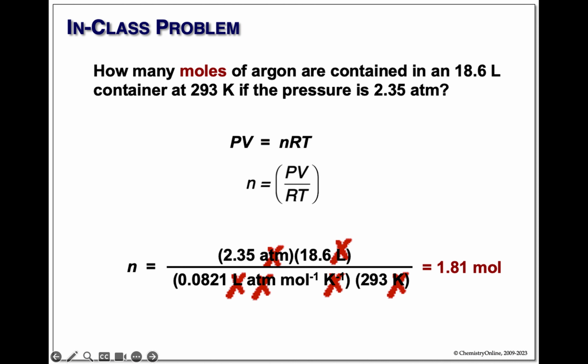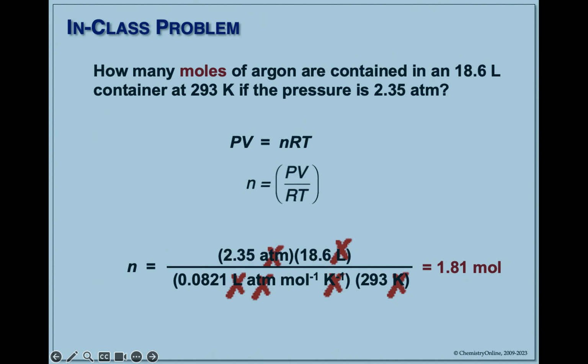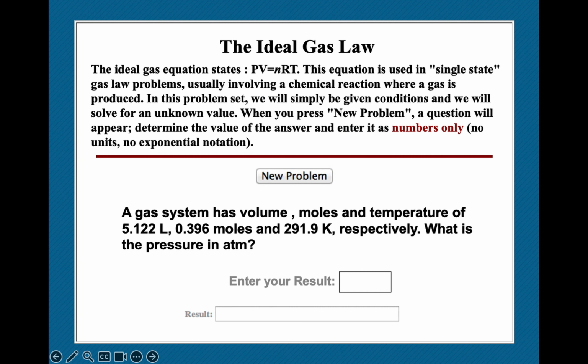So the last tutorial in this chapter is the PV equals nRT tutorial, the ideal gas law. We have a gas system, volume, moles, and temperature. 5 liters, 0.396 moles, 291 Kelvin. What's the pressure in atmospheres?